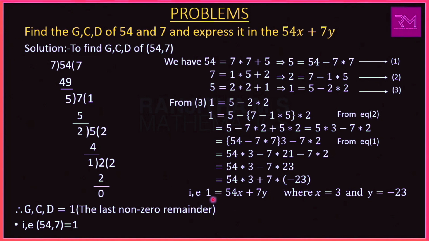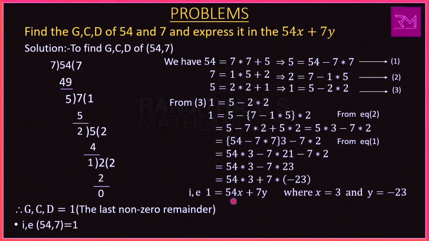Or we can take it as 1 is equal to 54x plus 7y, where x is 3 and y is minus 23. We express it in this form because the Euclidean algorithm says g equals GCD of a, b, which implies g can be expressed in the form g equals ax plus by.